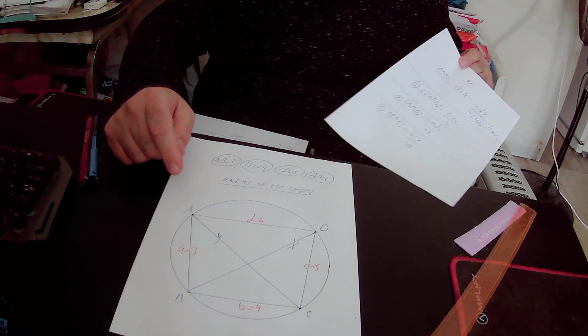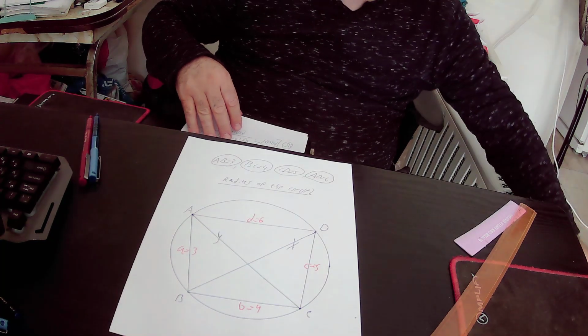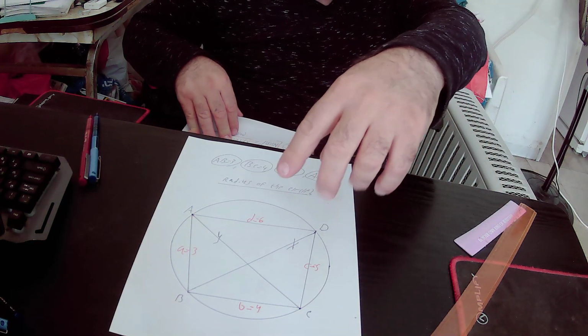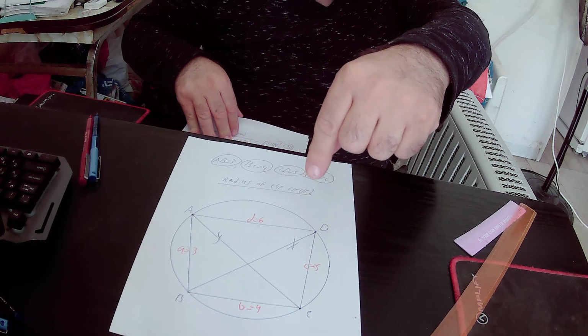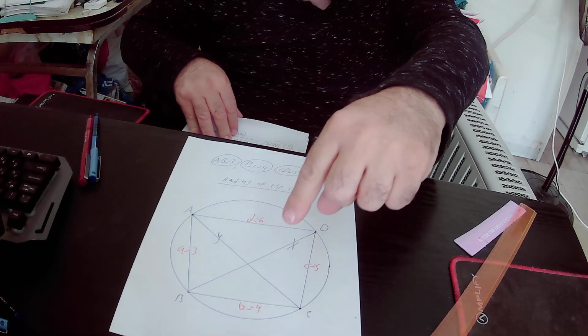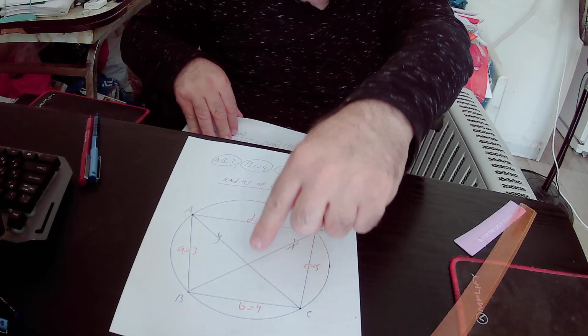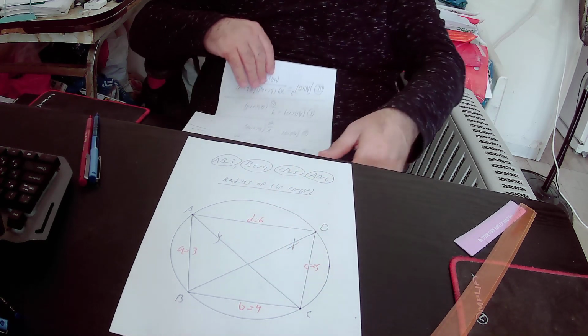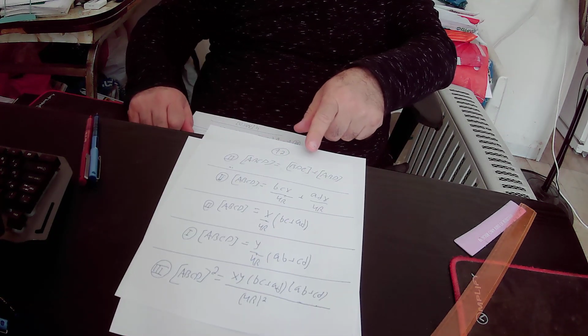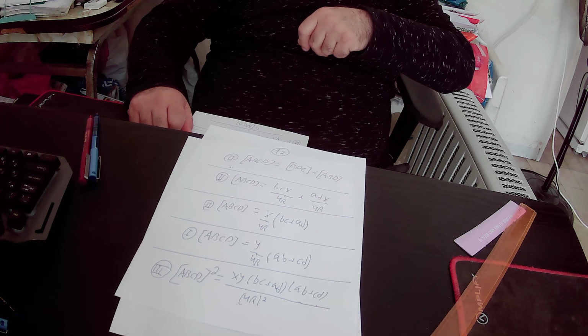But we know that the area of quadrilateral ABCD equals the area of triangle BDC plus the area of triangle ABD.